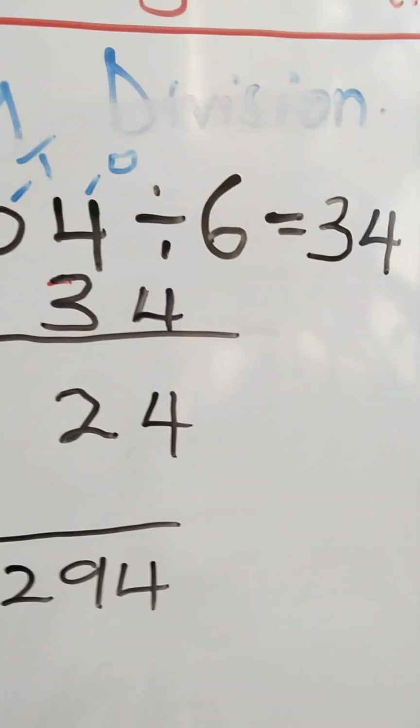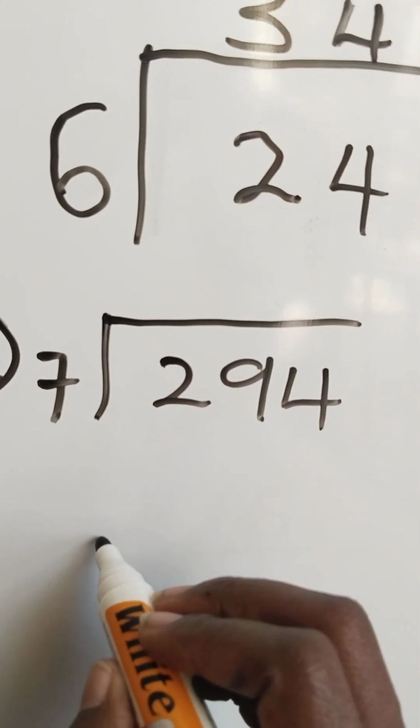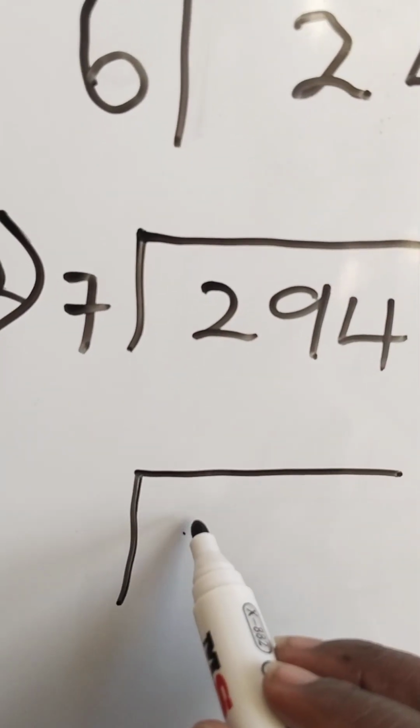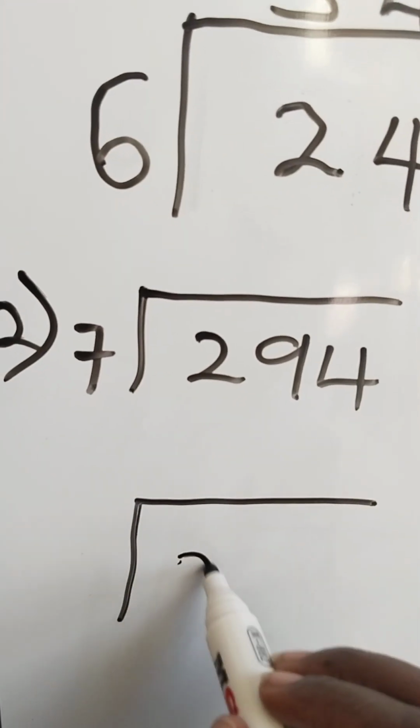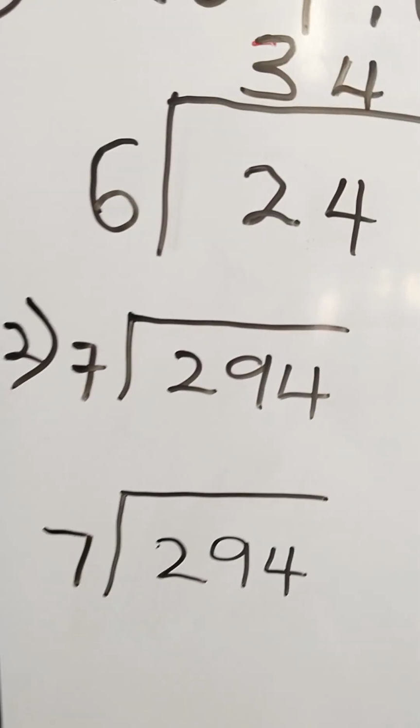Okay. What are we going to do? We are going to start our number. And we are now putting our long division back because we need space. That is why we are doing it again. And we said that 3 digits inside is 294. And outside is 7.